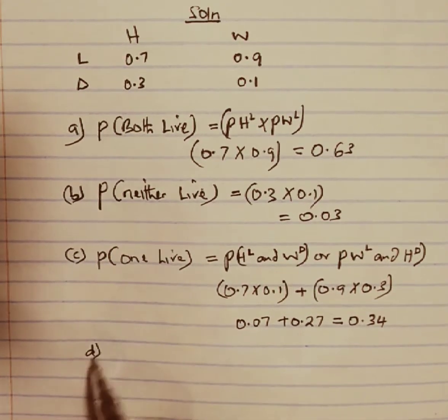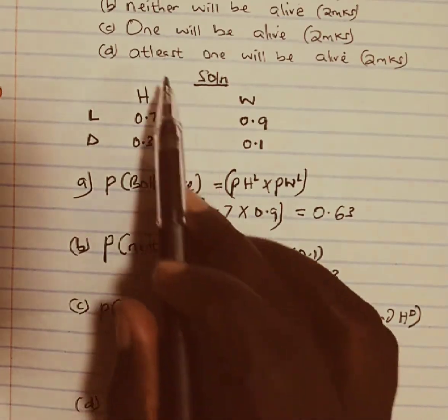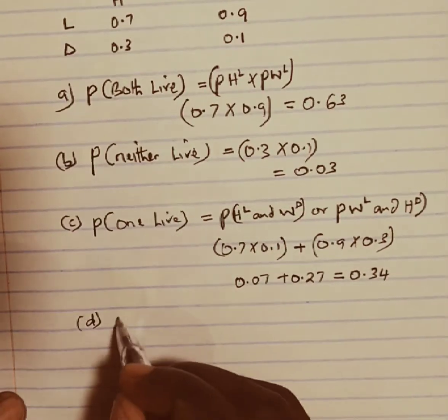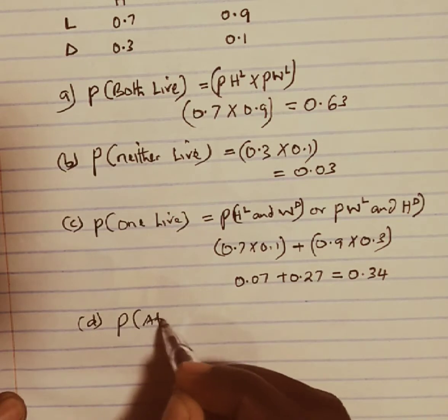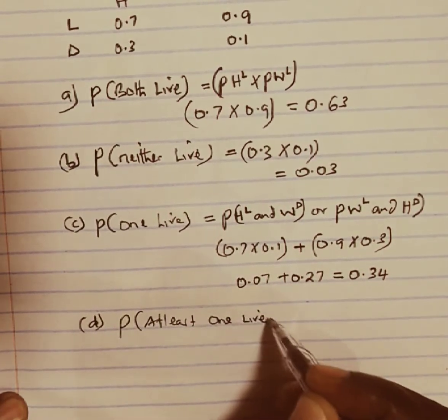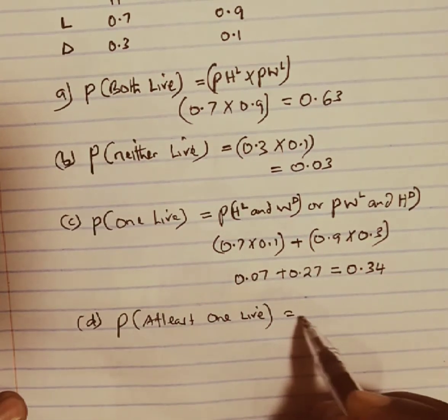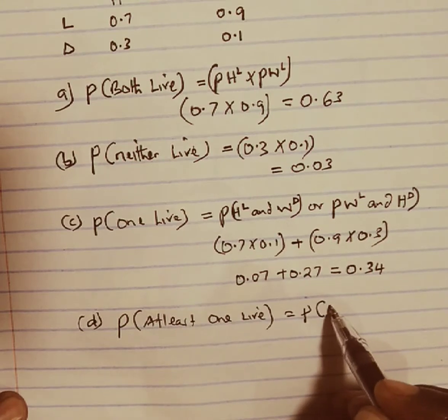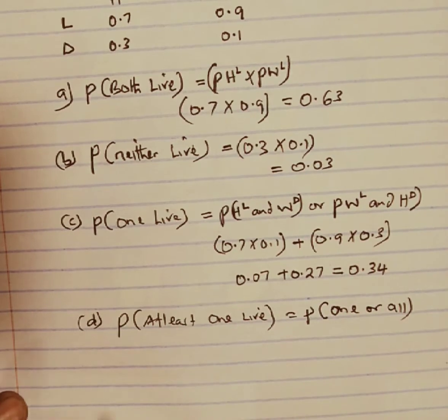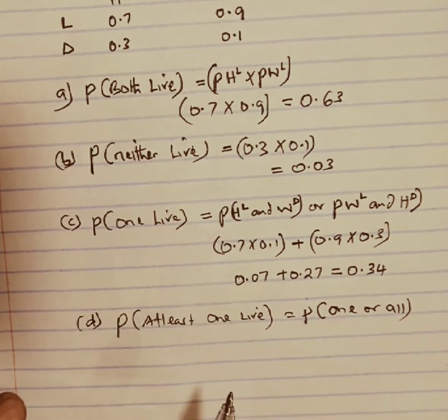Let us look at part D of the question. Part D says at least one will be alive. So you say probability of at least one living. In this case now, probability of at least one, it means it is the probability of only one or all of them living. So the word at least means whatever that is quoted and more.